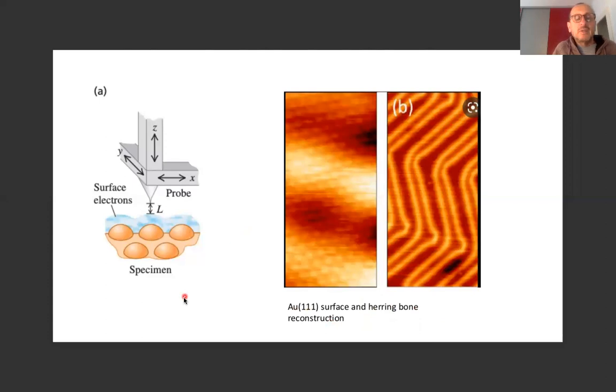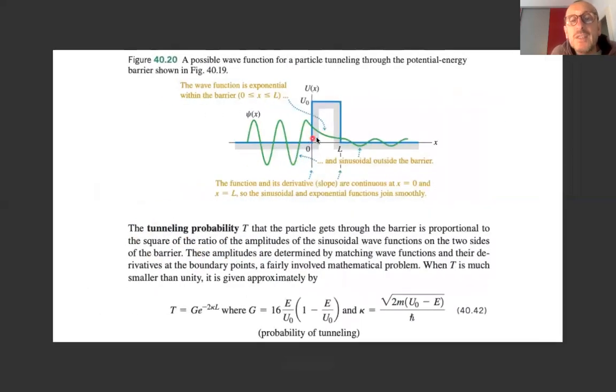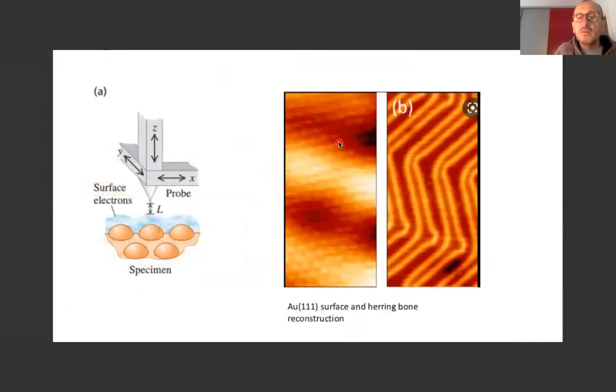So this is fabulous. This can only be achieved because the current that goes between the tip and the sample is very exponentially sensitive to the separation. So we can use this as a control variable to actually control the position of the tip on top of the sample while scanning.